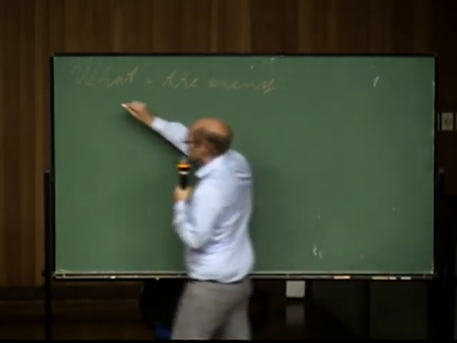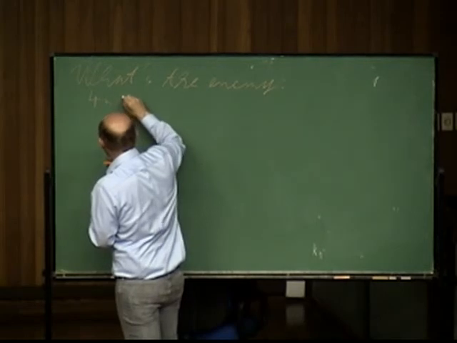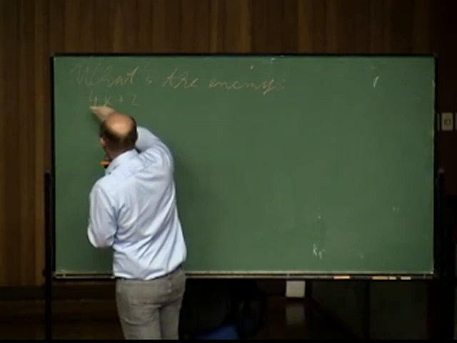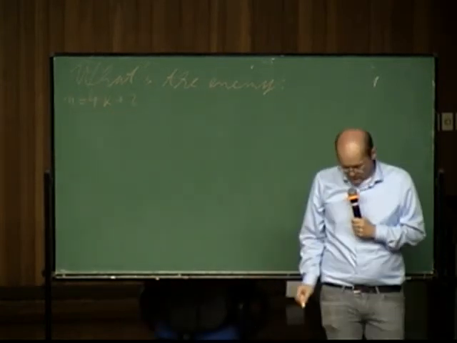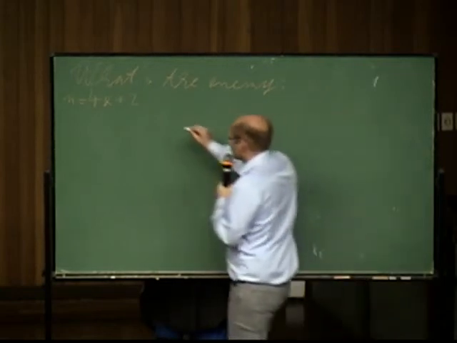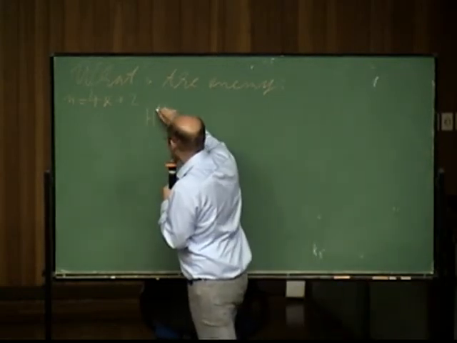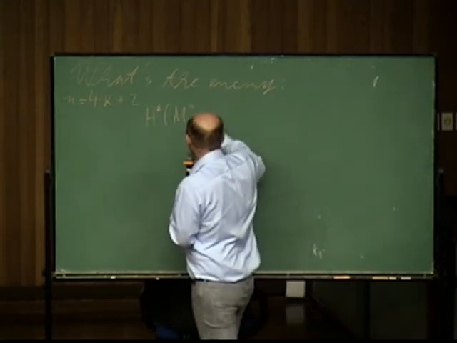The biggest enemy, which doesn't fit at all into the picture, is in dimension 4n plus 4k plus 2. You could have a cohomology ring like that: H star of Mn with rational coefficients.